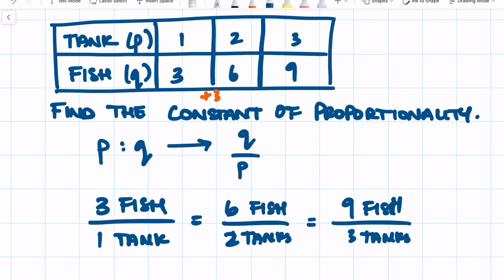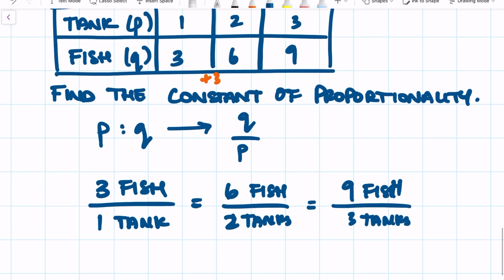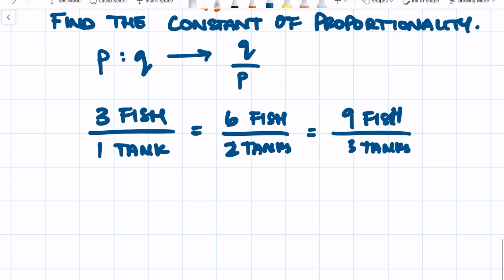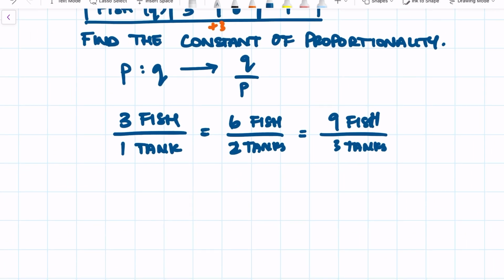So, how do you find out the constant of proportionality? You just have to put it in this Q to P form, and you could disregard the numbers or the words here. If you get rid of the fish and the tank, you're left with 3 over 1, 6 over 2, and 9 over 3.